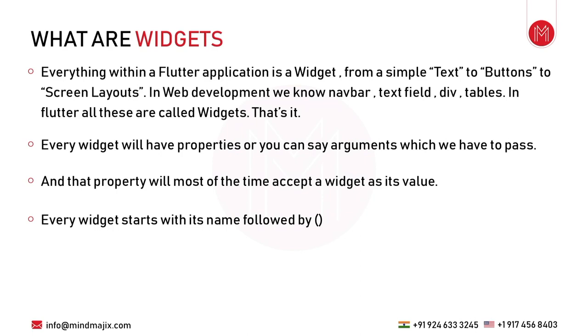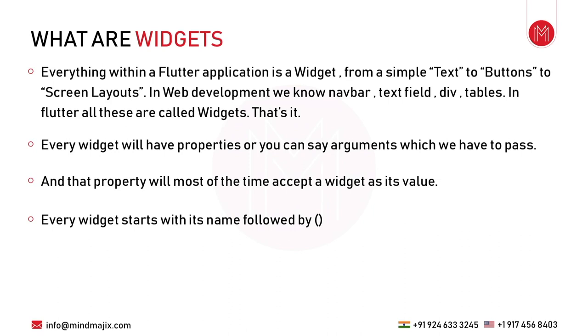I'm not saying that widgets are only the UI thing, but for the basic understanding, you have to remember that if you see anything on the screen, it will be a widget. That's it. Now, every widget will have properties, or you can say arguments, which we have to pass.